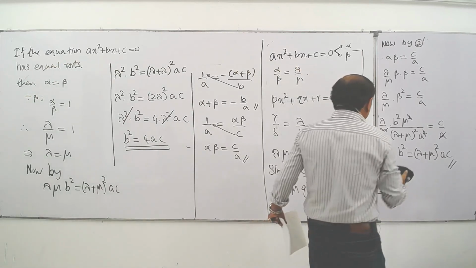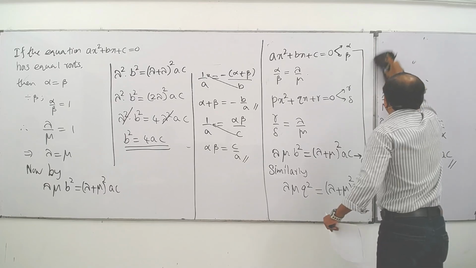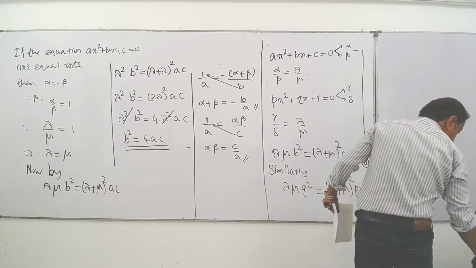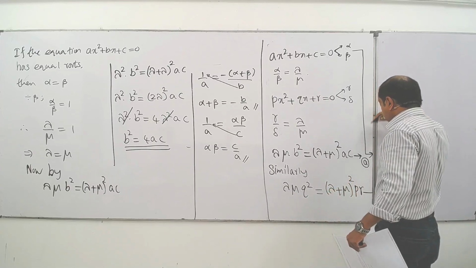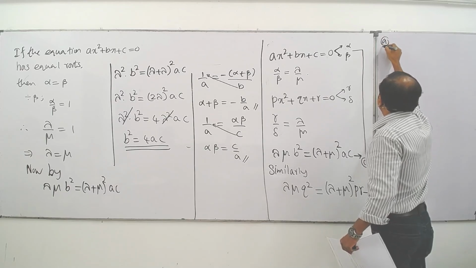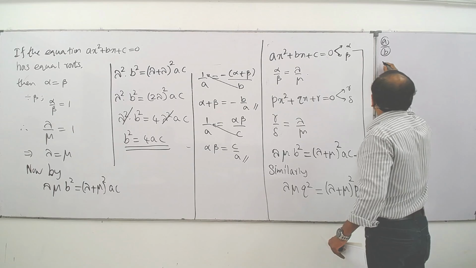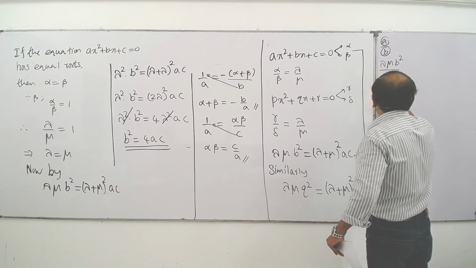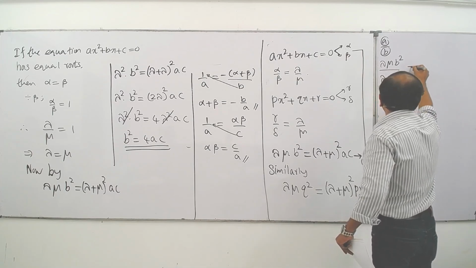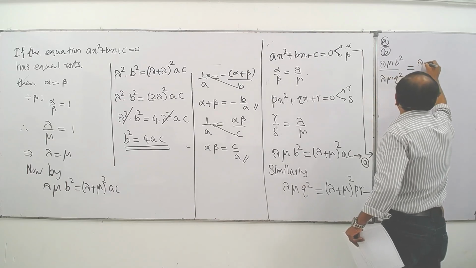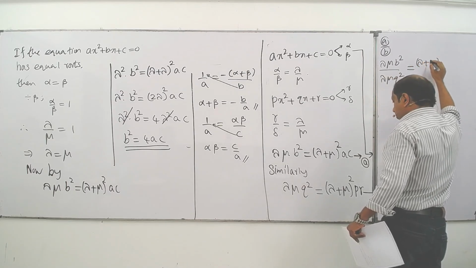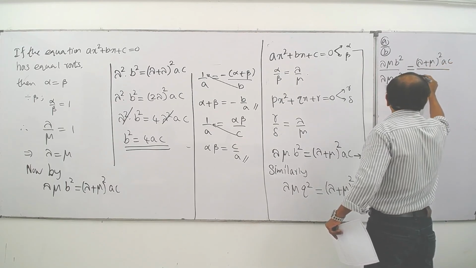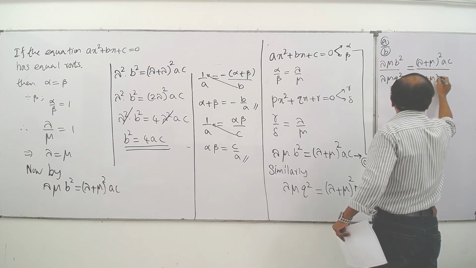When you divide A by B, lambda mu b squared divided by lambda mu q squared is equal to lambda plus mu perfect squared ac over lambda plus mu perfect squared pr.